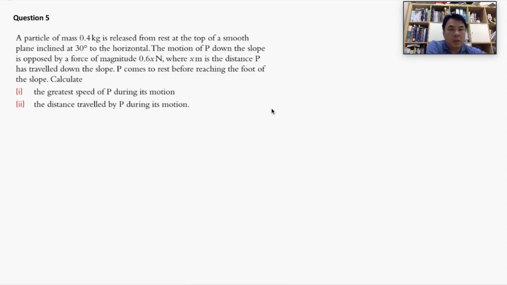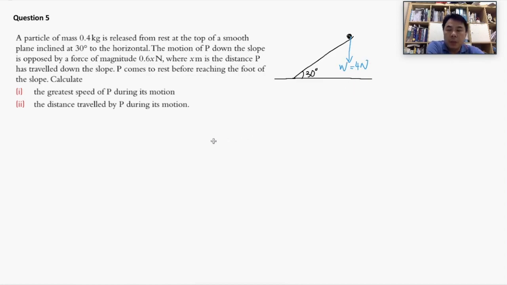As usual, let's try to sketch out the mechanics information. We have a slope like this, inclined at 30 degrees. The object is somewhere at the top here. It's a smooth plane, so it has a weight of 4 Newton.